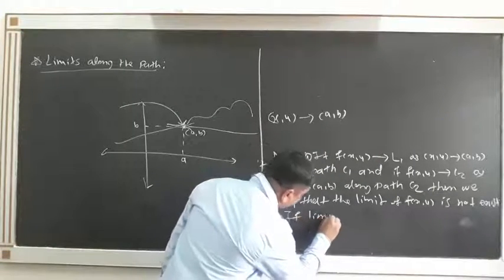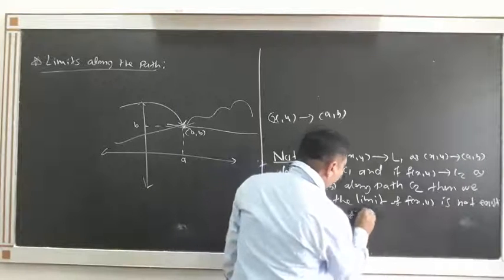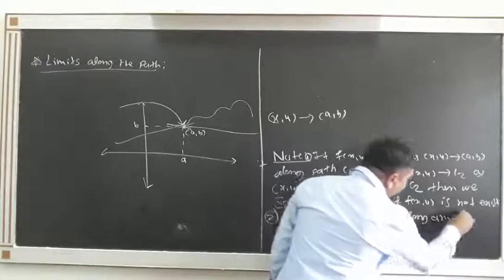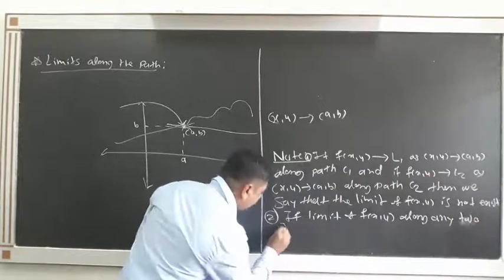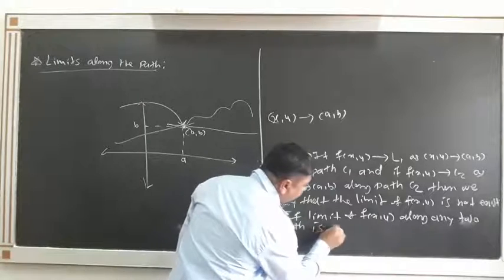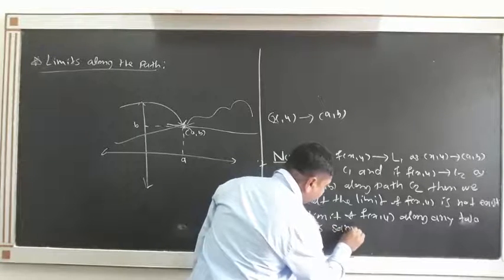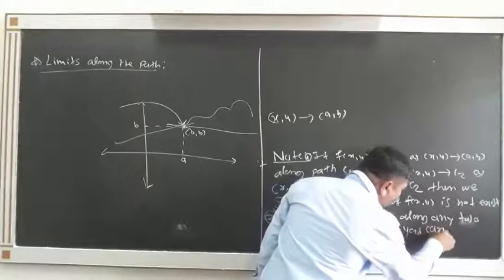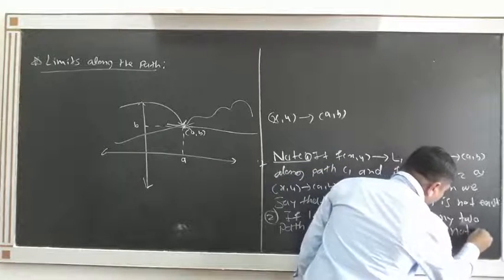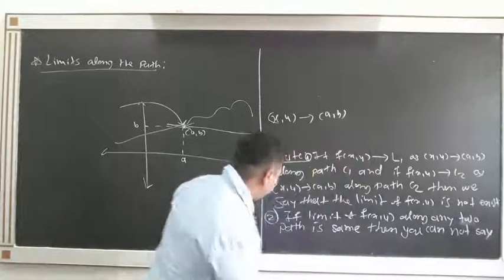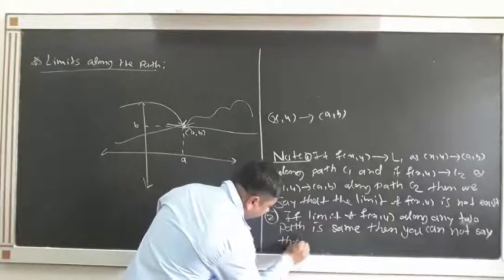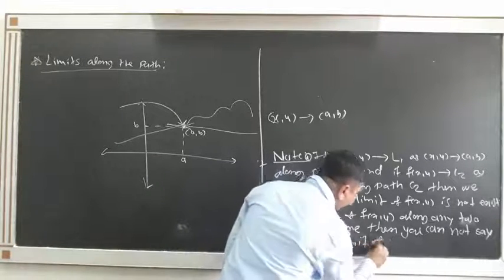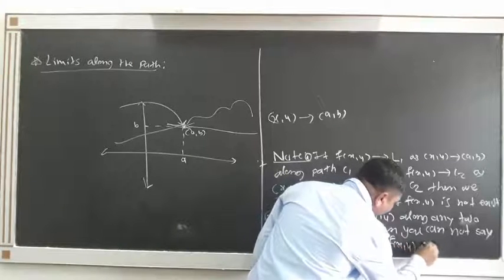If the limit of f of xy along any two paths is the same, then you cannot directly say that the limit of f of xy exists.